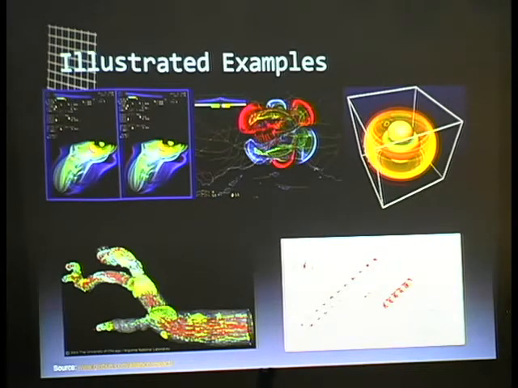So if you have a clot or a buildup of cholesterol, they can actually see how your blood is going to react based on whatever parameters they put in. And the one on the bottom right is protein folding within a carbon nanotube. That's kind of a newer project that they're working on. So here's some of the examples of what's currently being done in the research community.